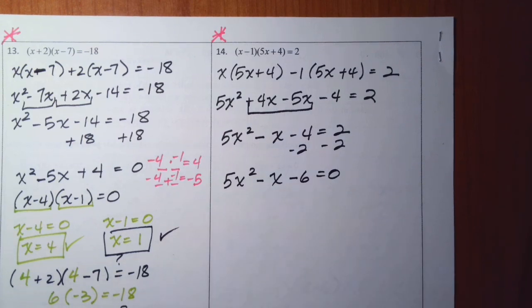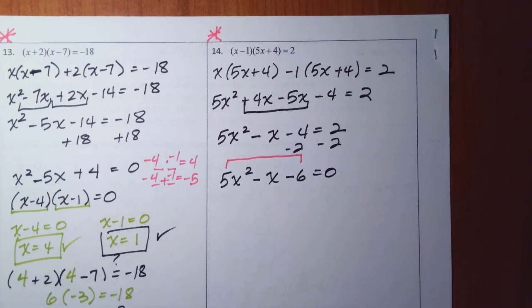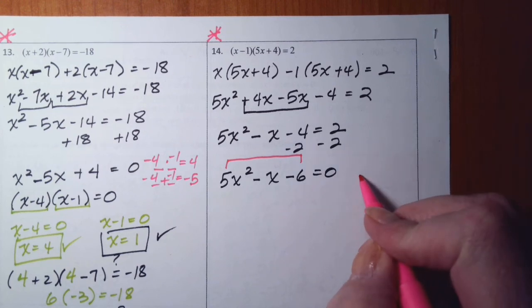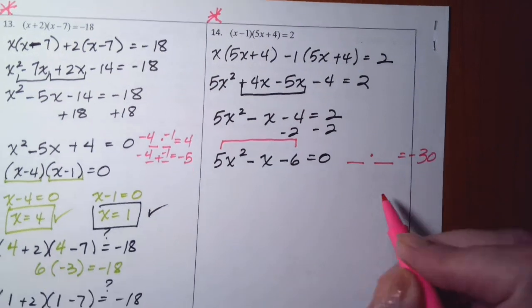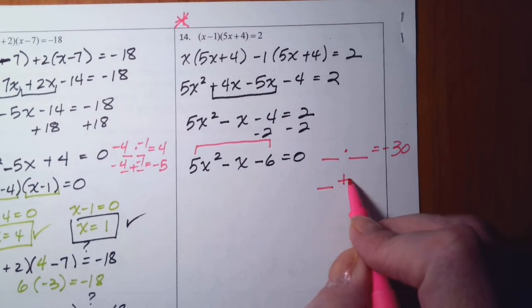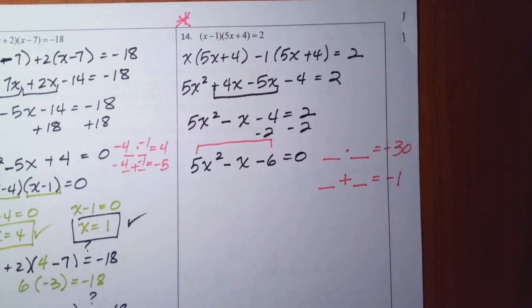Now, since I have a leading coefficient here, I have to multiply this. I'm going to have to split and group this one. So I'm looking for two numbers whose product is negative 30 and whose sum is negative 1.